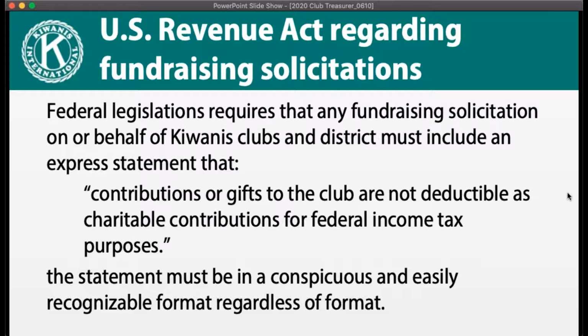This needs to be on every single statement, easily recognized, conspicuously located, regardless of whether this is written, printed, on TV, on the radio, over the phone. You absolutely have to make this clear that gifts to your club are not tax deductible.